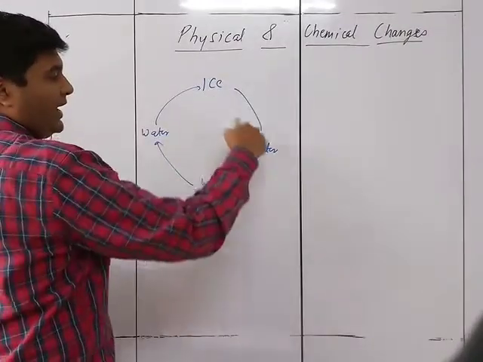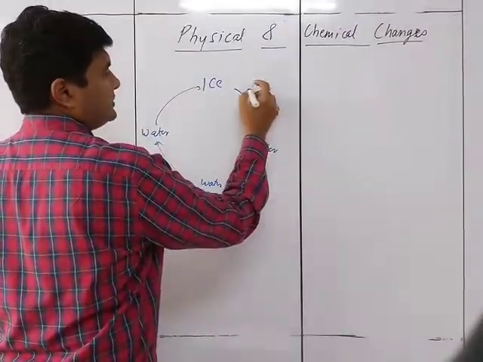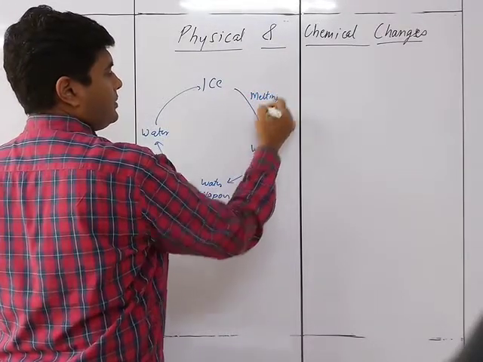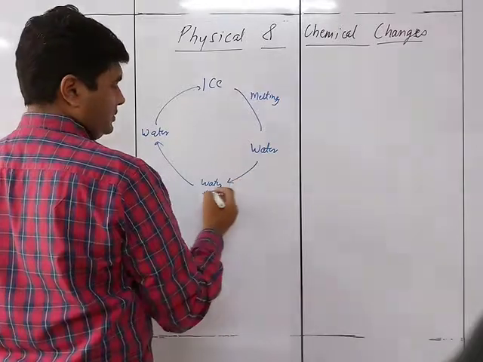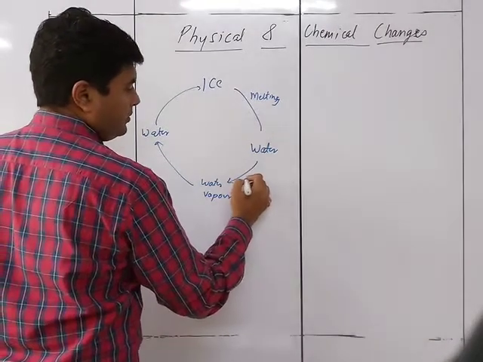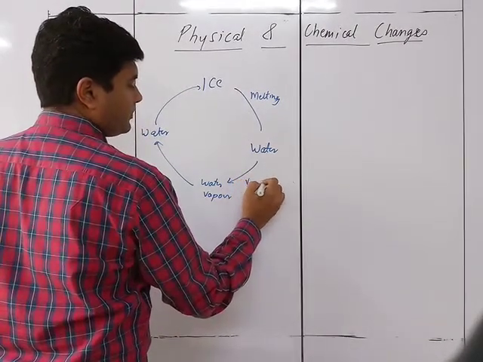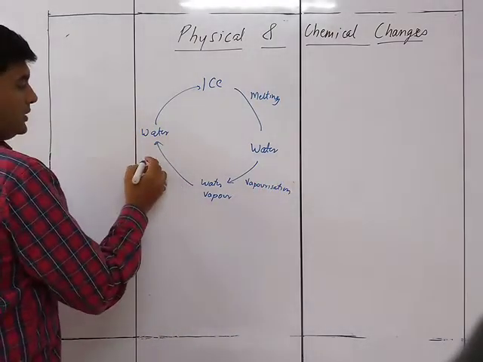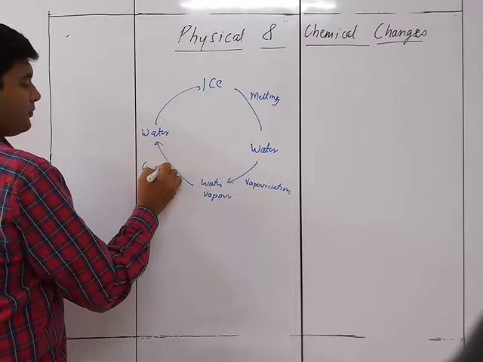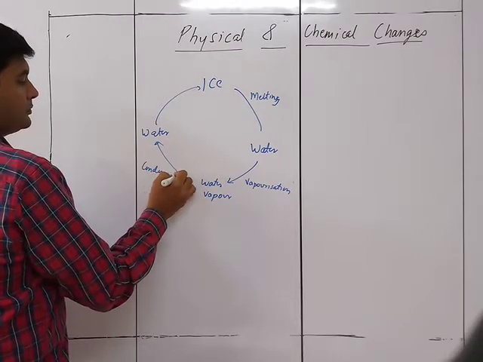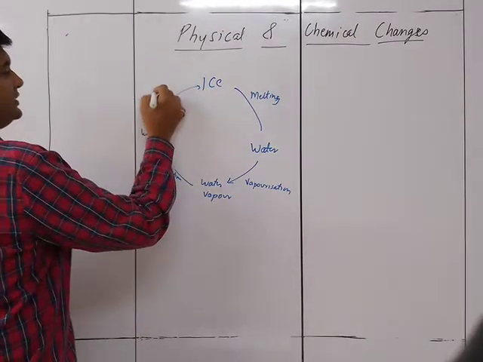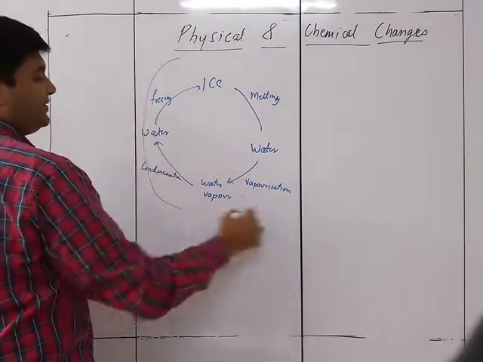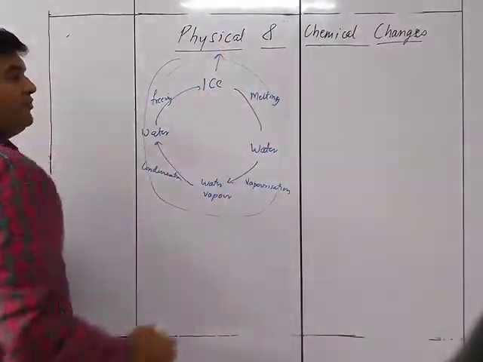So this we know, ice to water is melting, water to water vapor is vaporization, water vapor to water is condensation, and water to ice is freezing. So these all are basically examples of a physical change.